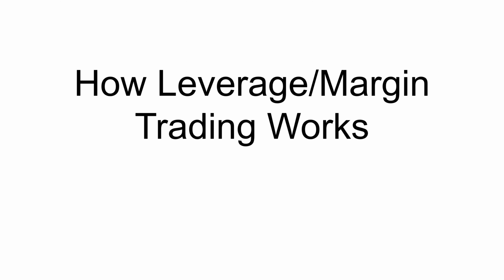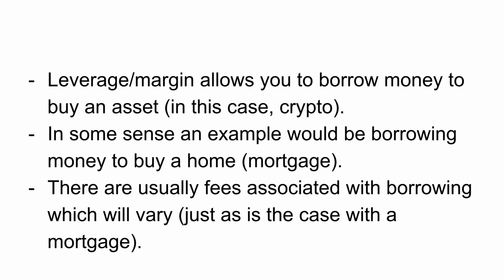So let's begin. Basically, leverage or margin allows you to borrow money to buy an asset. In this case, it's crypto, or well, assuming that we're trading crypto. Now, in some sense, an example of this would be like a mortgage, right? You're going to borrow money to buy a home.